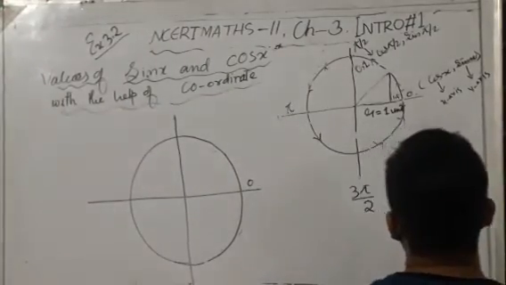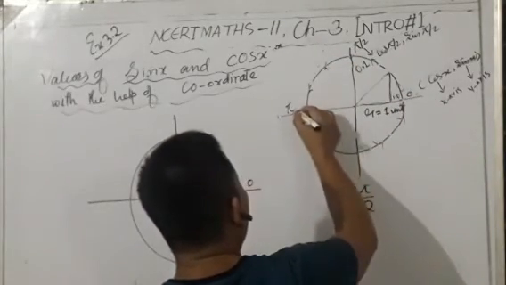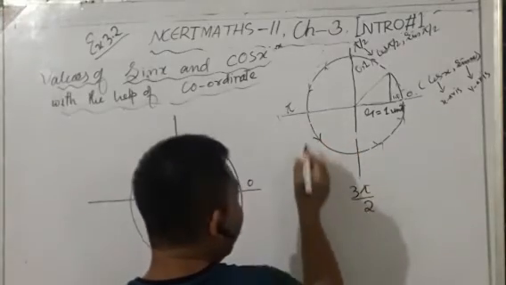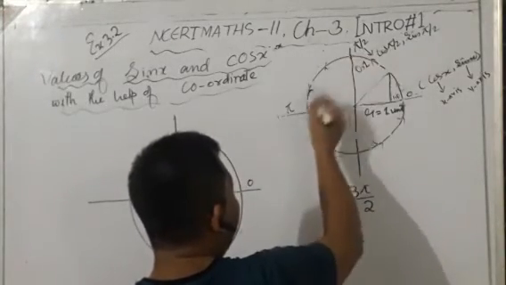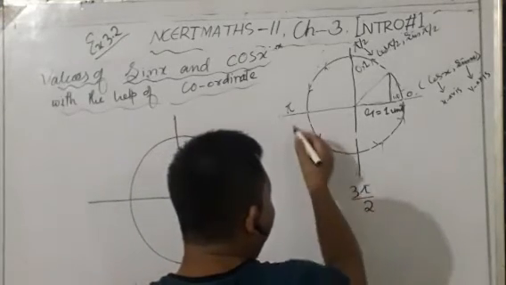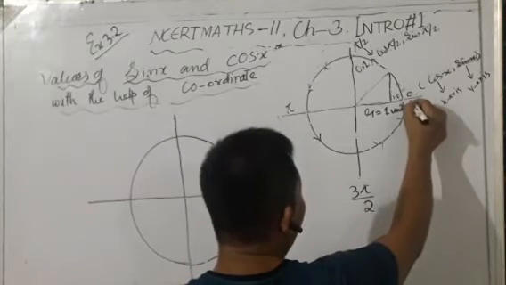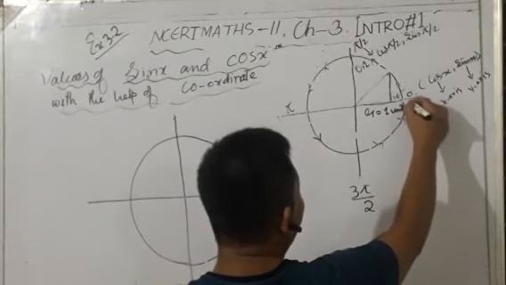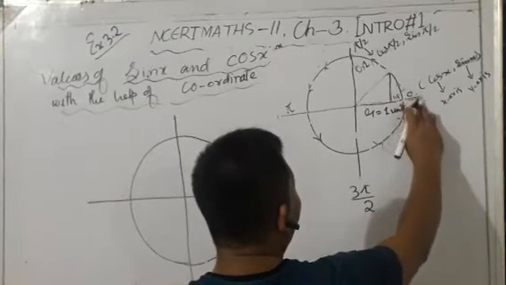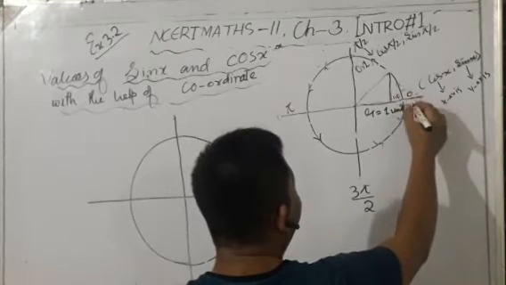It keeps rotating, reaching pi, and then rotating up to 3 pi by 2, and then 3 pi by 2 plus pi by 2 gives 2 pi. So 0 and 2 pi lie along the x-axis only.